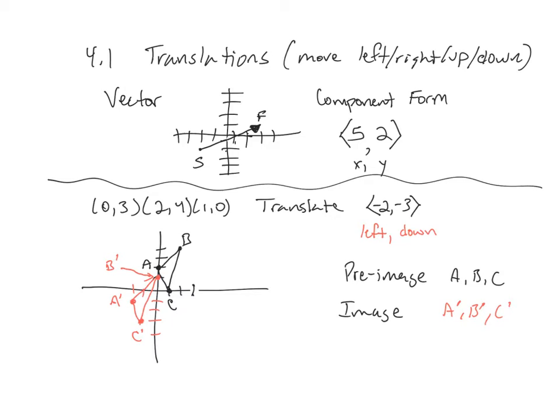So the pre-image is where you start, and then the image is where you ended up. Okay. So kind of doing the same thing, but written in a different way means the same thing.